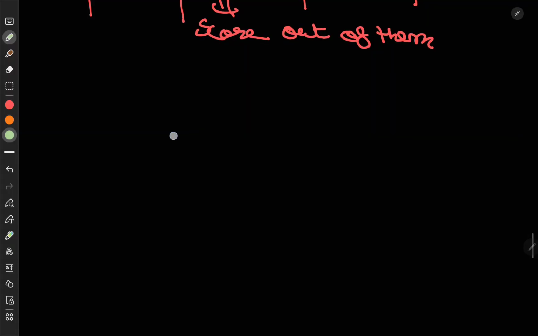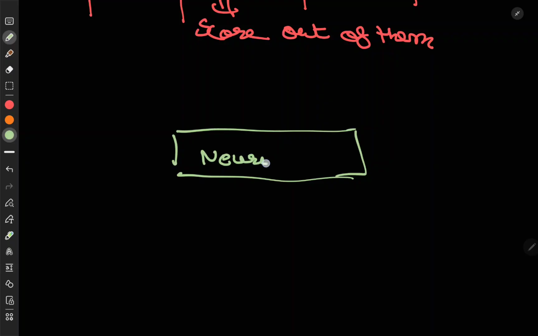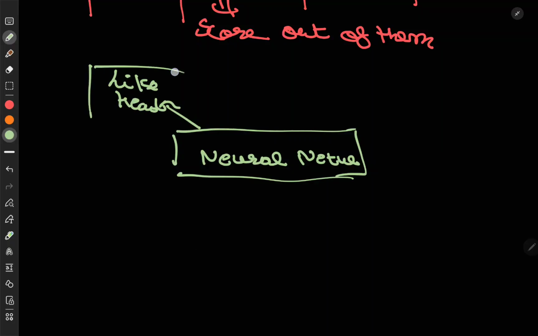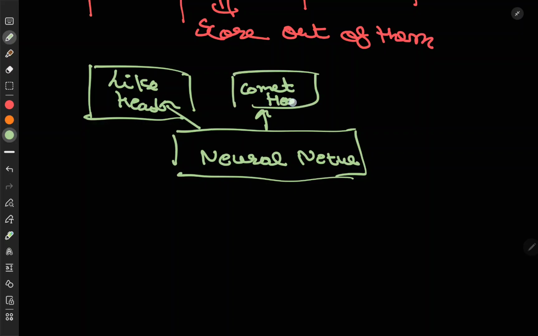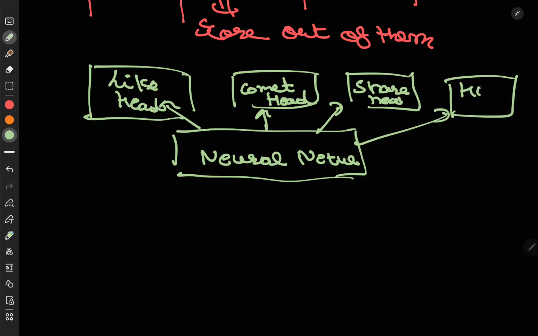For example, let's say this is a neural network. It will have a like head, which tells the probability that the user is going to like that post. Then comes the comment head, then the share head, then the hide head.